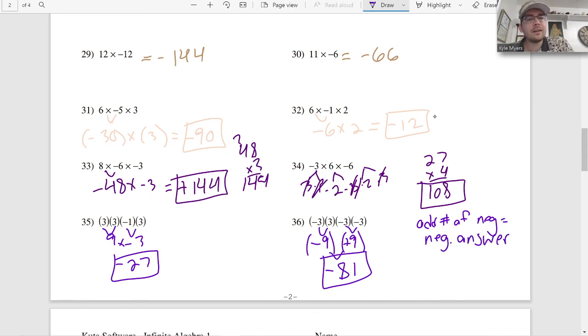If you have an even number of negatives, then you'll have a positive answer. So odd number of negatives, negative answer. Even number of negatives, positive answer. And it always works out that way. So if that's helpful, then awesome.